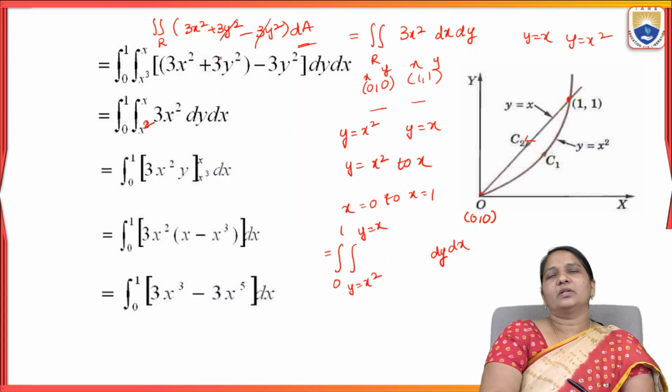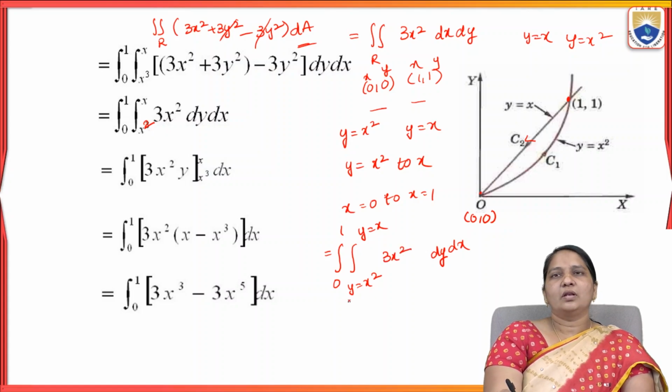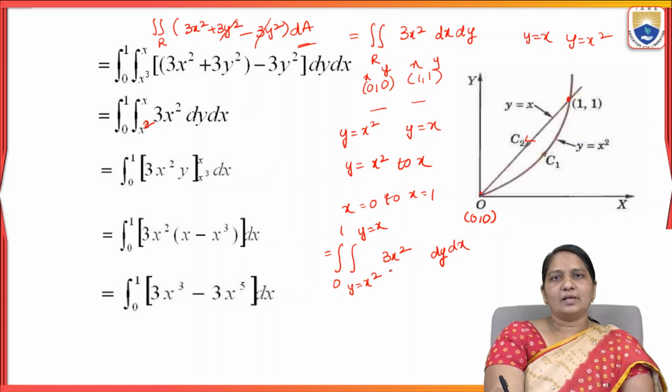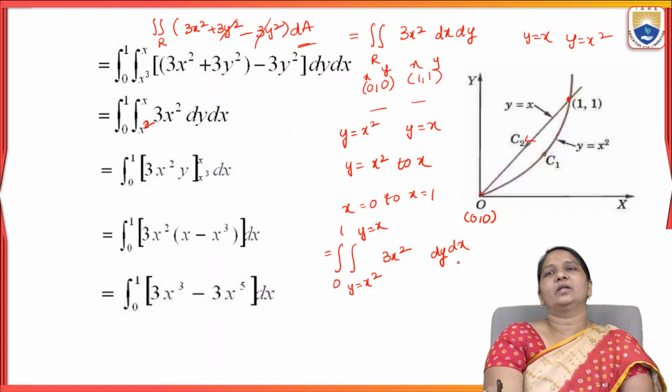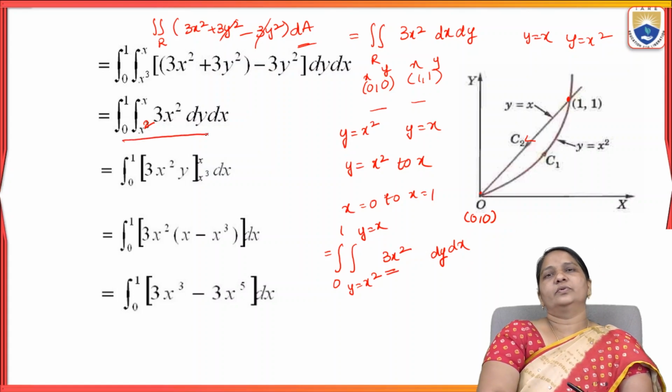After calculating, the final value we got is 3x². So the integral is from 0 to 1, integral y equals x² to x, of 3x² dy dx.